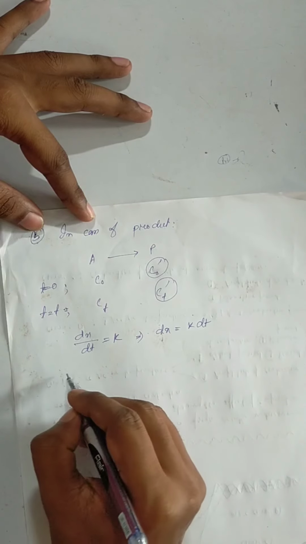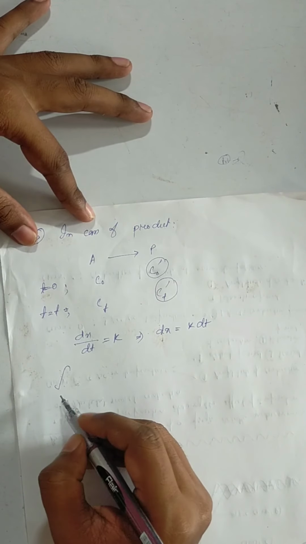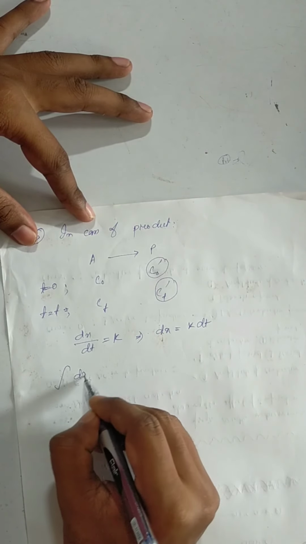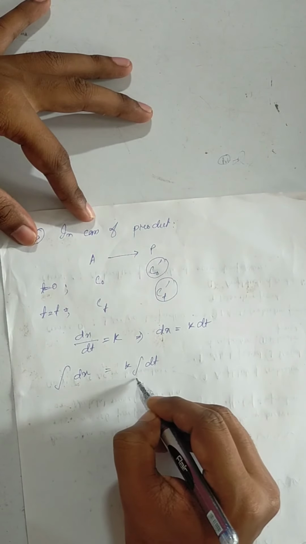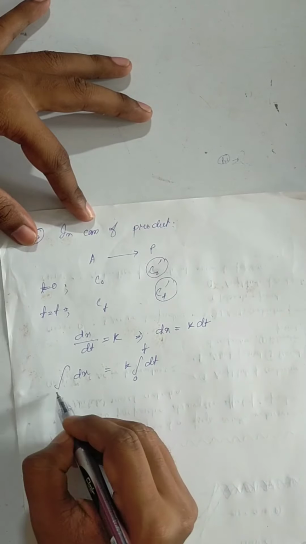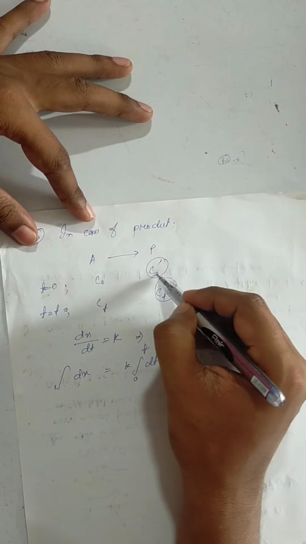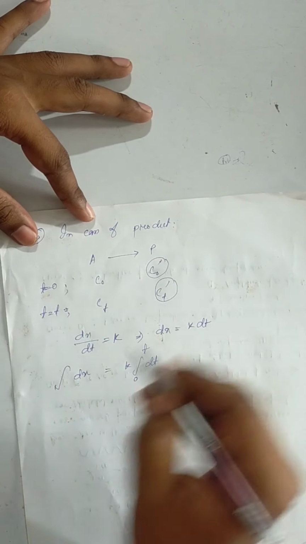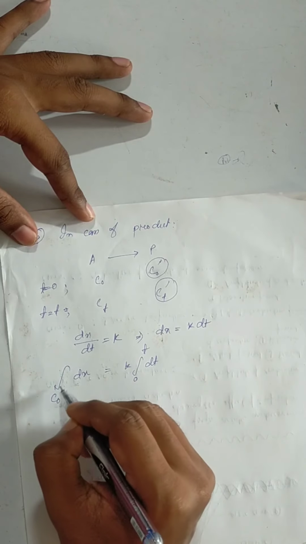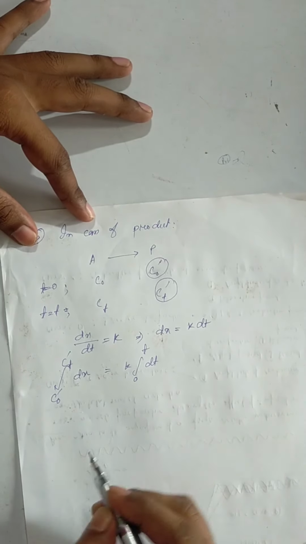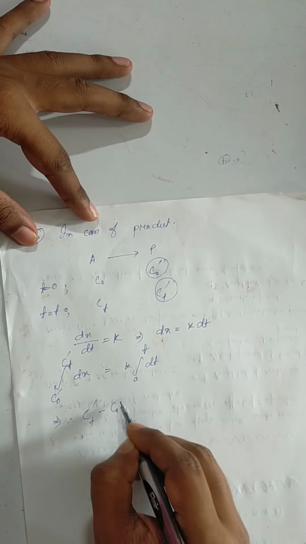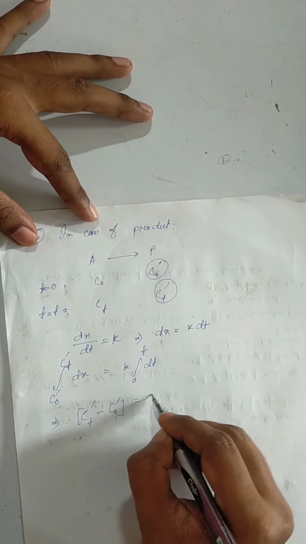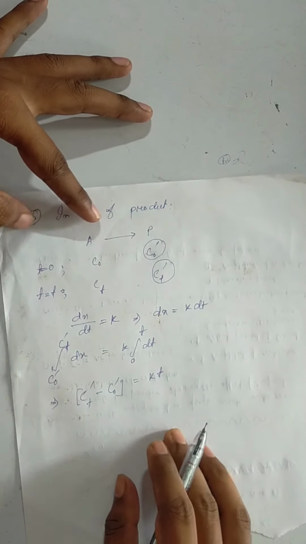If we integrate this, time will be 0 to t, and this interval will be C naught dash to Ct dash, so Ct dash minus C naught dash is equal to kt.